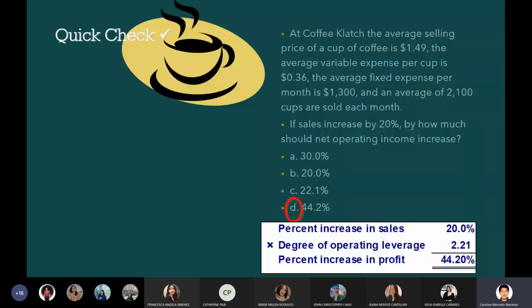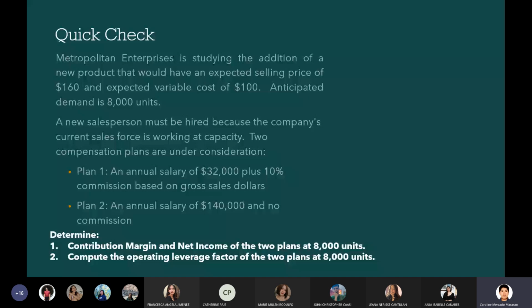I want you all to answer this. Ito, magandang problem to. Merong ganitong problem nung nag-board exam kami. Naalala ko pa. Pinapadetermine sa'yo sa number 1, contribution margin, so that's total, and then net operating income for 2 plans.